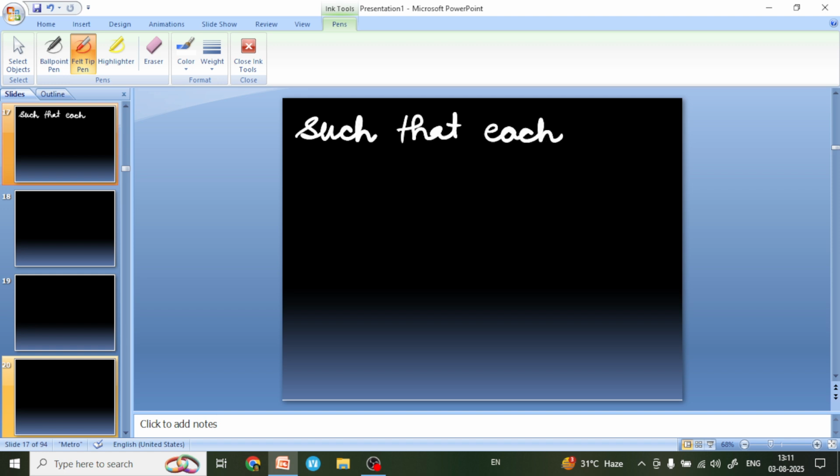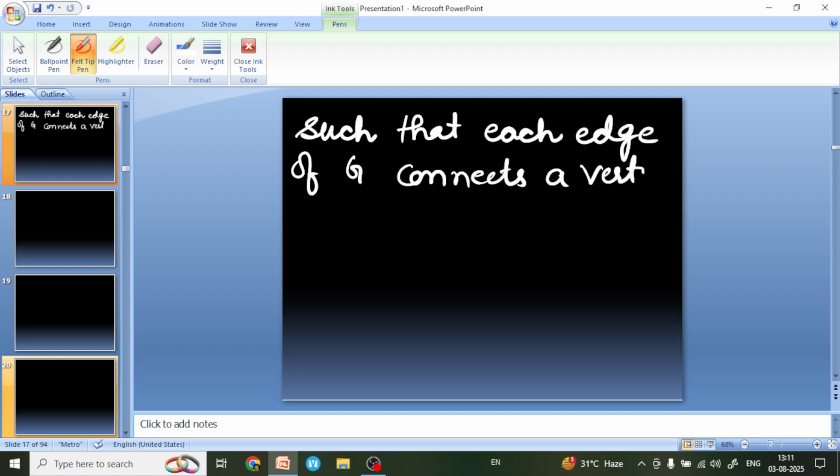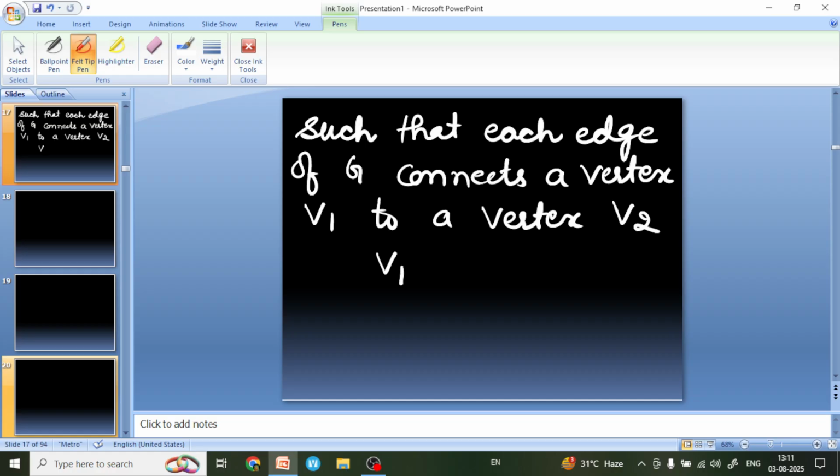each edge of G connects a vertex of V1 to a vertex of V2, like V1, V2, V3, V4.